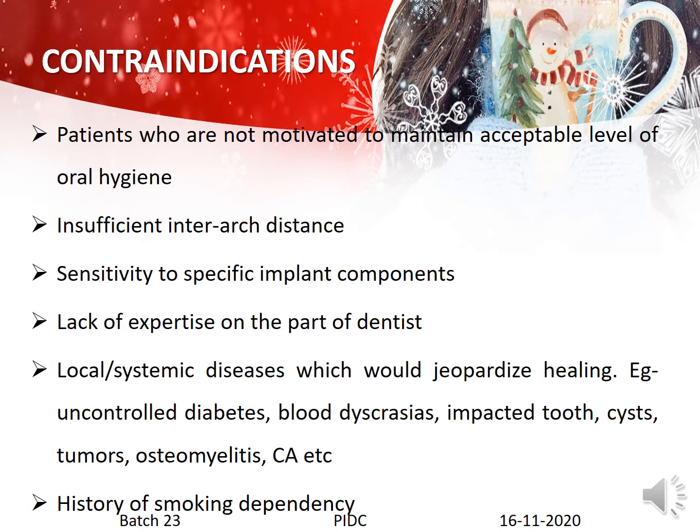Insufficient inter-arch distance, sensitivity to specific implant components, especially titanium, lack of expertise on part of the dentist, local or systemic diseases which would jeopardize the healing, for example, uncontrolled diabetes, blood dyscrasias, impacted tooth, cysts, tumors, osteomyelitis or cancer, etc. And history of smoking dependency. So please avoid in such cases.